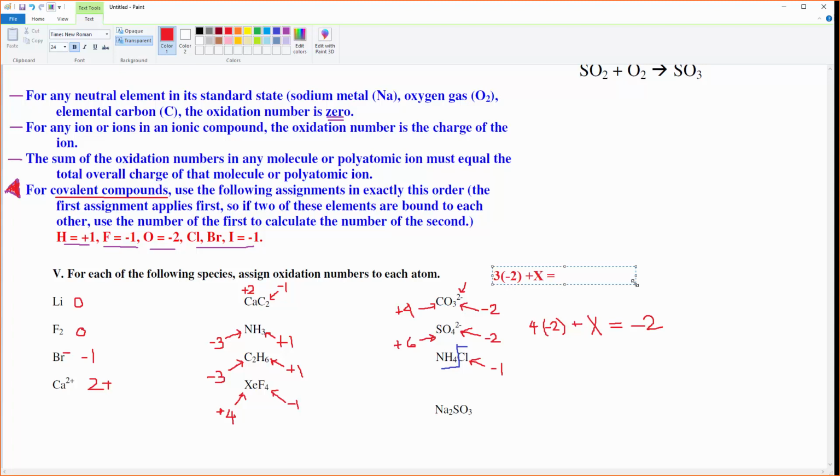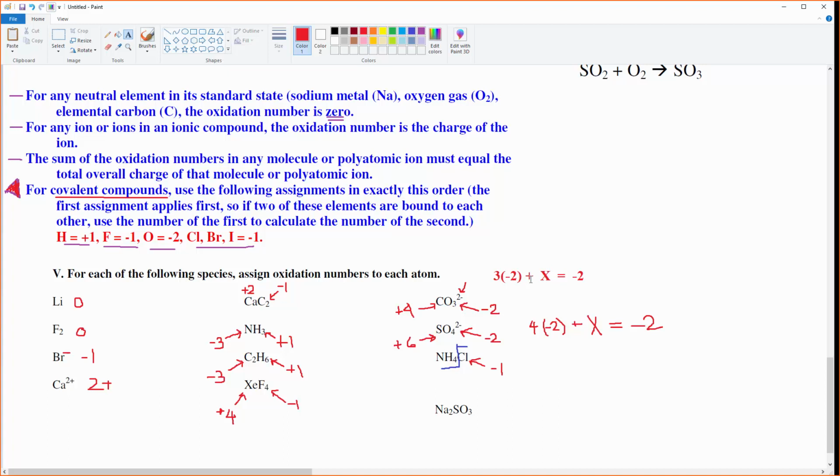But the total sum has got to equal -2, because that's the overall charge. So -6 plus x is -2, so x would have to be +4. So I'm doing both of these: picking it apart, and looking at the overall charge as being -2 because it's a polyatomic ion. Does that kind of make sense?